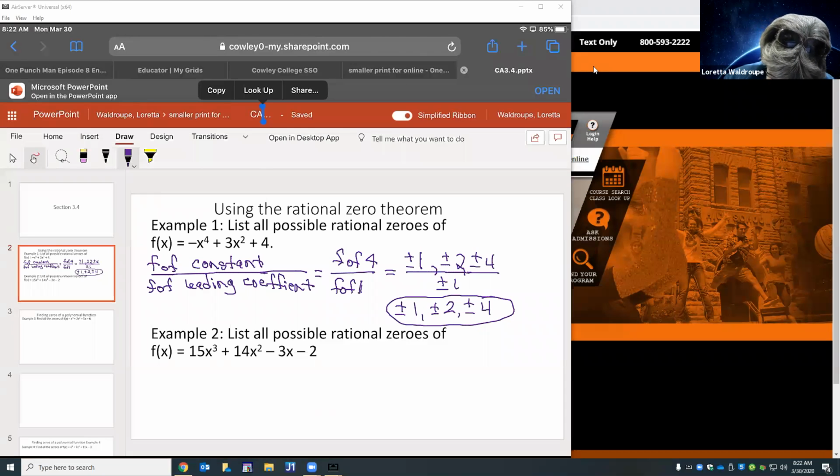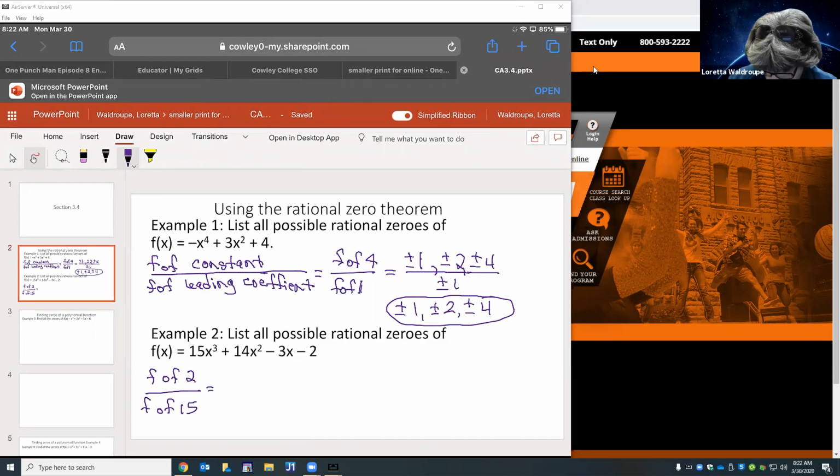A constant is 2, and our leading coefficient is 15. And that's a bad F there and there, so let's rewrite that, just so when you're looking at it, it makes sense.